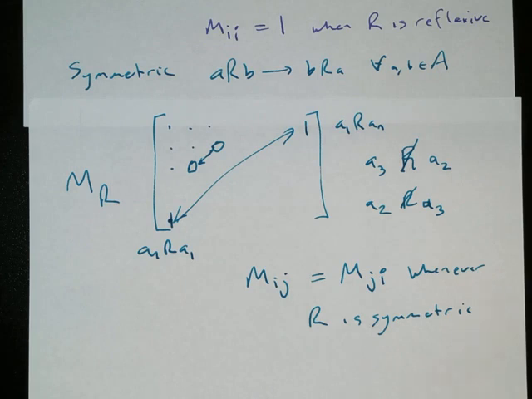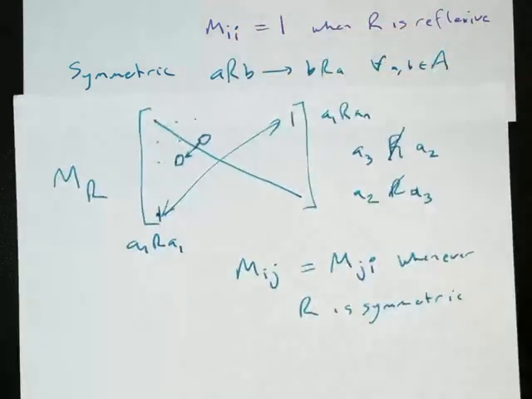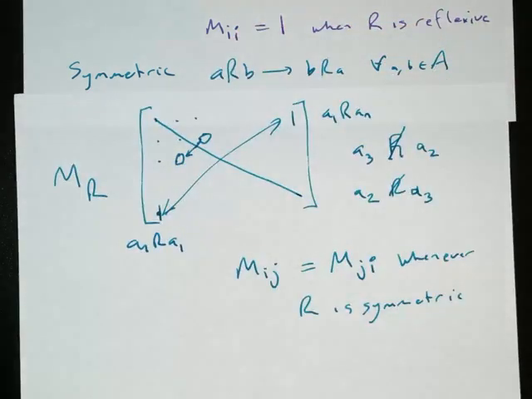What's the line I'm folding along? The diagonal we were talking about before. So we talk about the matrix being symmetric across the diagonal.